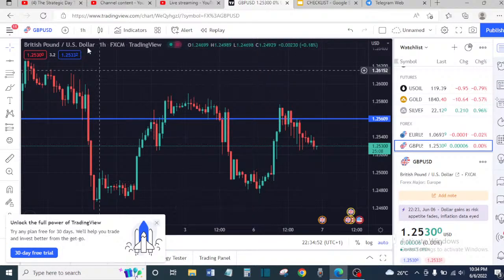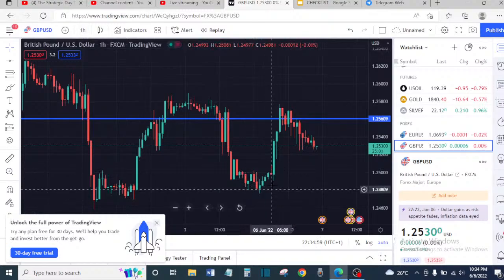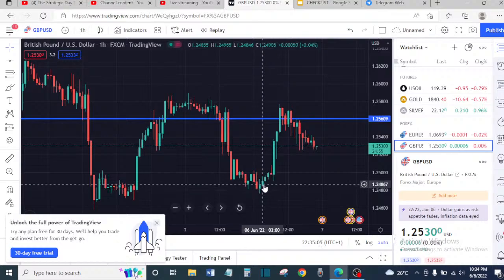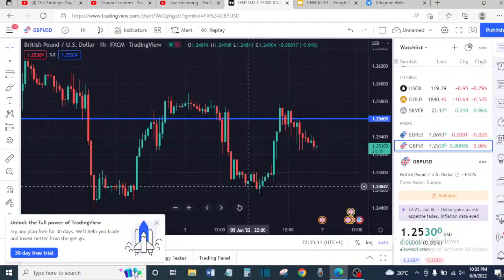So sometimes if your 1 hour does not give you what you want, you switch to 15 minutes to check if it gives you, or you switch to 4 hours to check if that is what is going to give you what you need, especially when you are looking for your price action candlesticks. It is very important that you look for your price action candlestick before you place your trade.